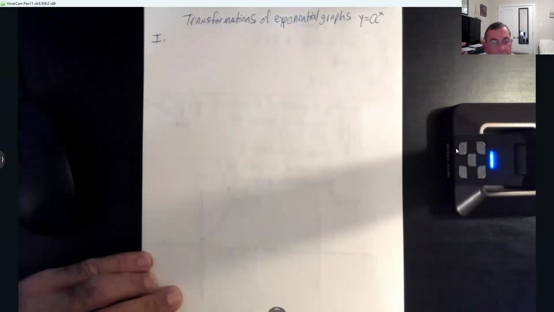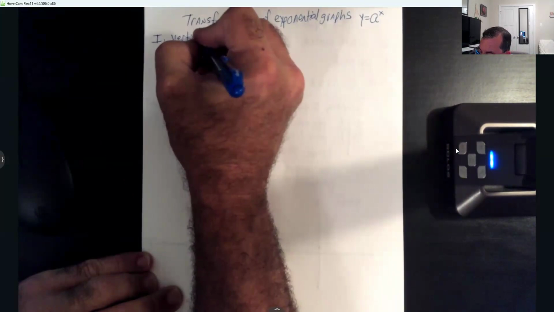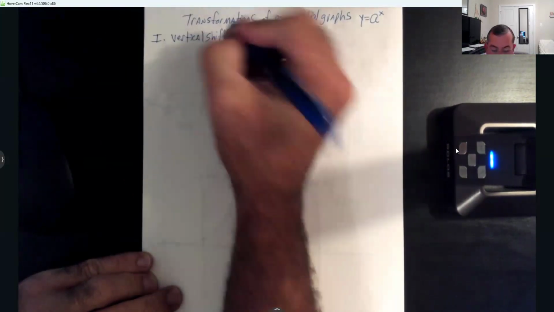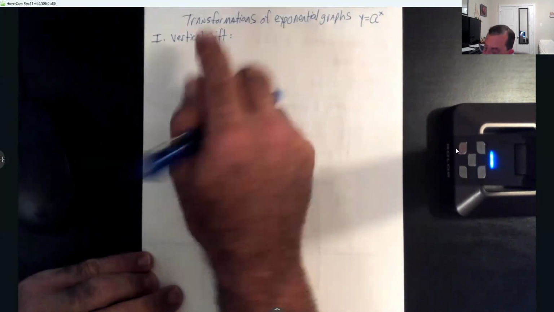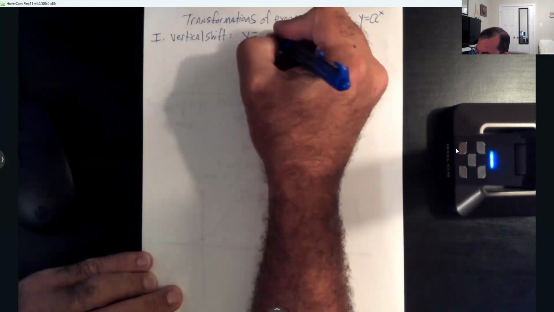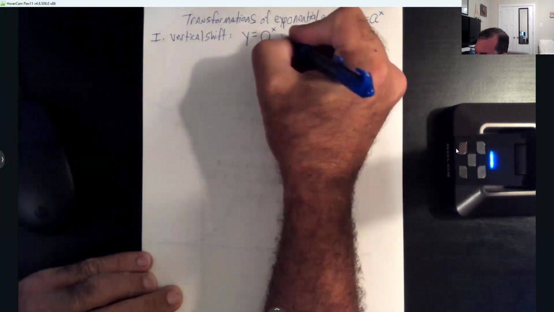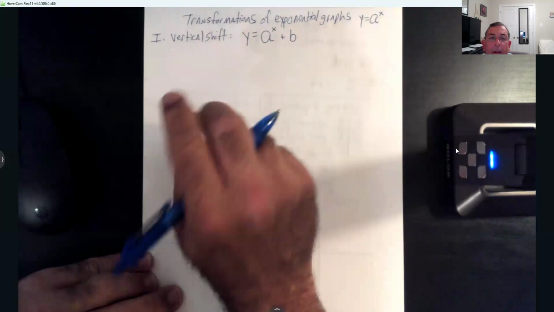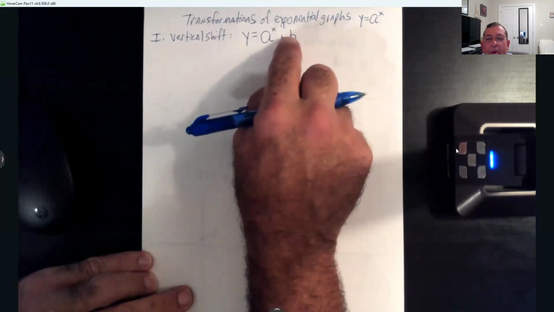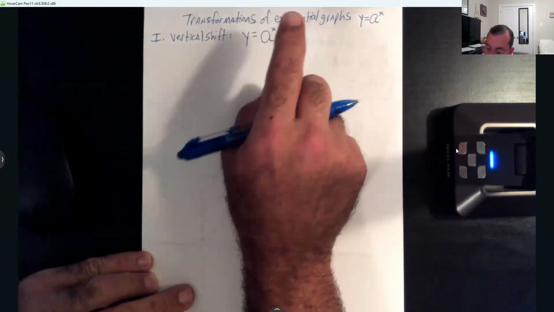Well, the exponentials, they do vertical shifts. So to do a vertical shift, you'll have y equals a to the x plus b. And it was just like it was in 7.2. If you added a number at the end or subtracted it, it went up or down.